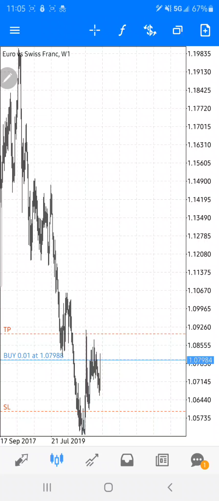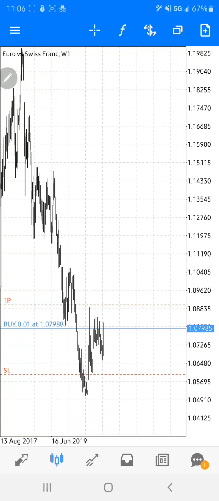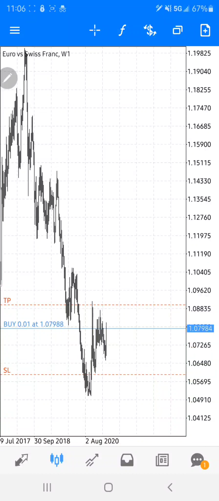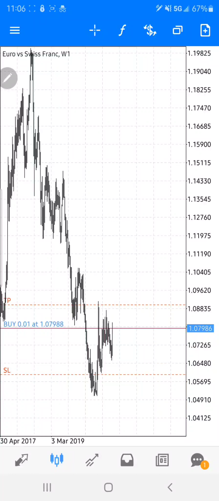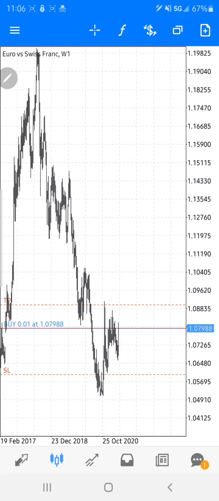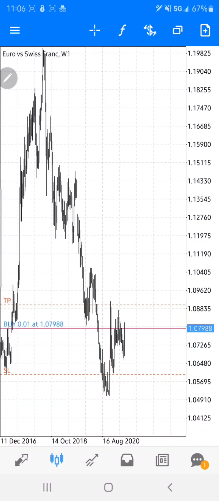So for your buy, your take profit is above price. And for a sell, your take profit, your stop loss. Let me start over. So for a buy, your take profit is above price. And for your stop loss, it is below current price. And so how do I know all of this?